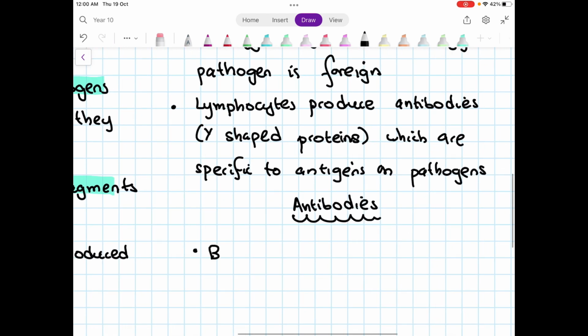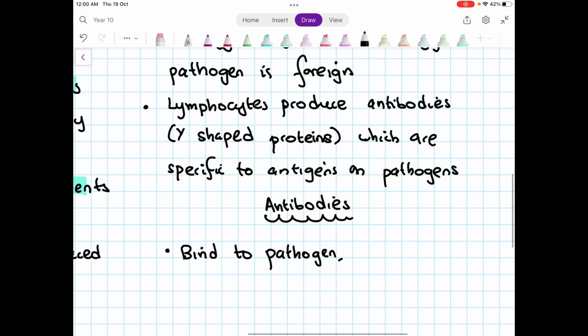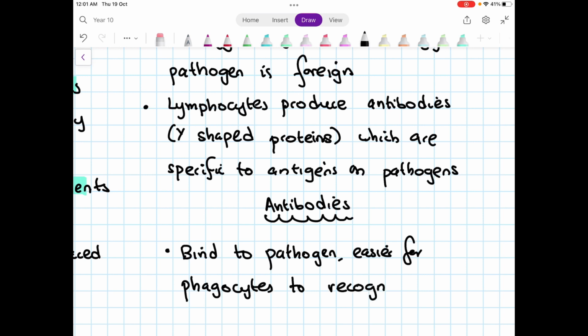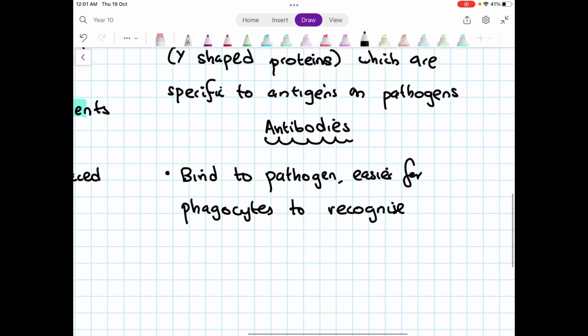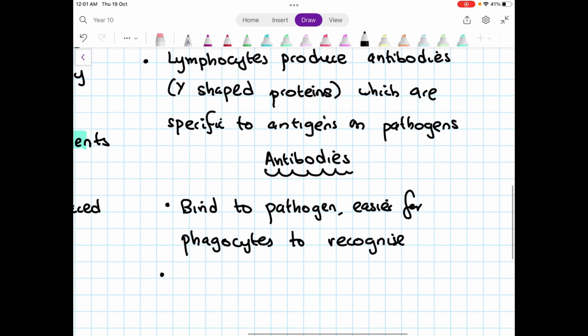So what antibodies can do is they bind to the pathogen, which makes it more easily recognizable to phagocytes, so they can be engulfed. They make it difficult for the pathogens to enter host cells.